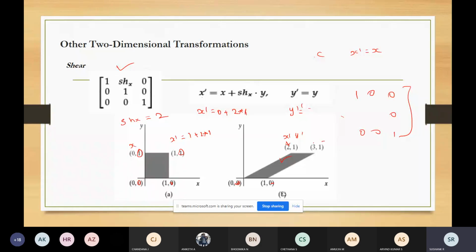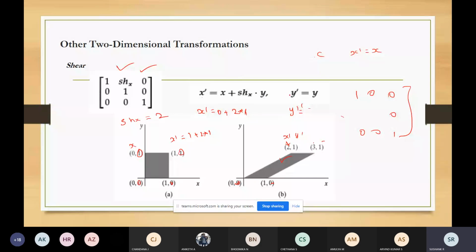So this is regarding the shear transformation. So this transformation is also important. Here the shape is getting distorted. The transformation matrix: an x direction shear relative to the x-axis is produced through this matrix, the transformation matrix, with the equation of coordinates given by x dash is equal to x plus shx into y, and then y dash is equal to y.